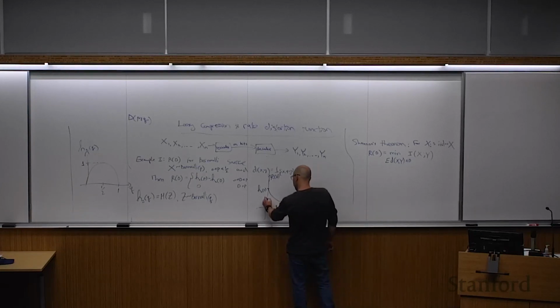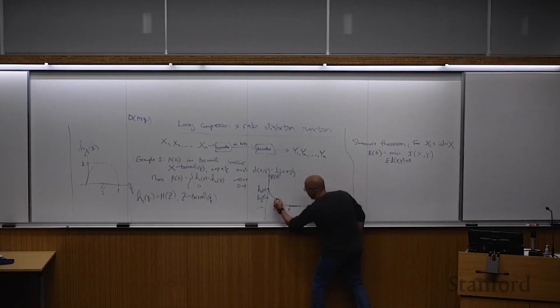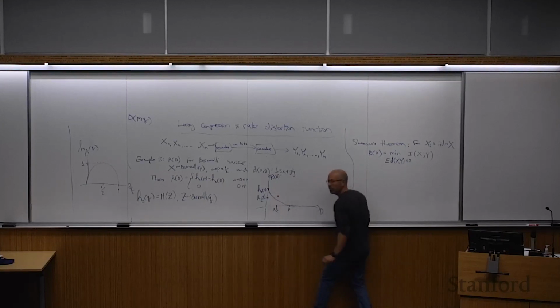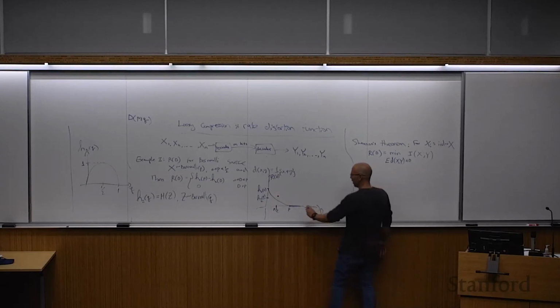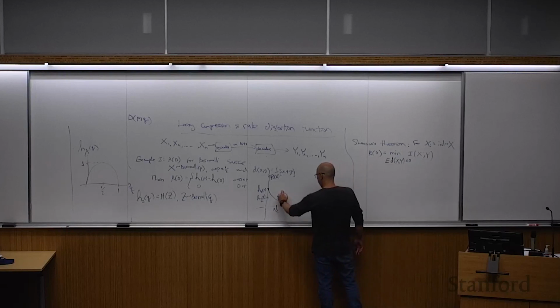And let's look at the half of the source entropy. So basically, this point right here corresponds to P over 2 and binary entropy of P over 2.